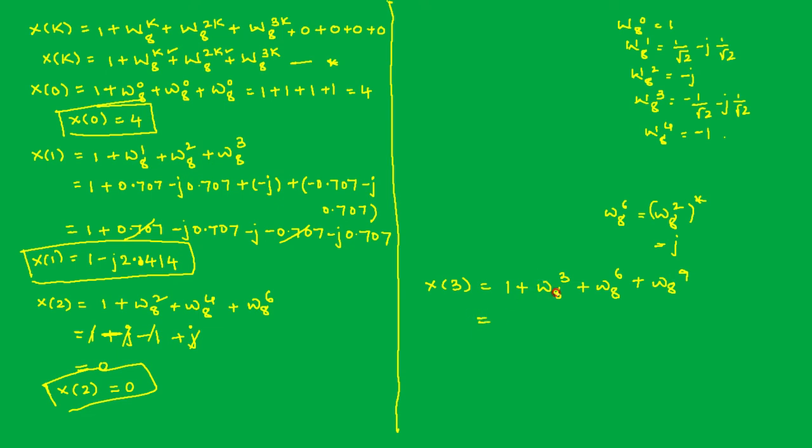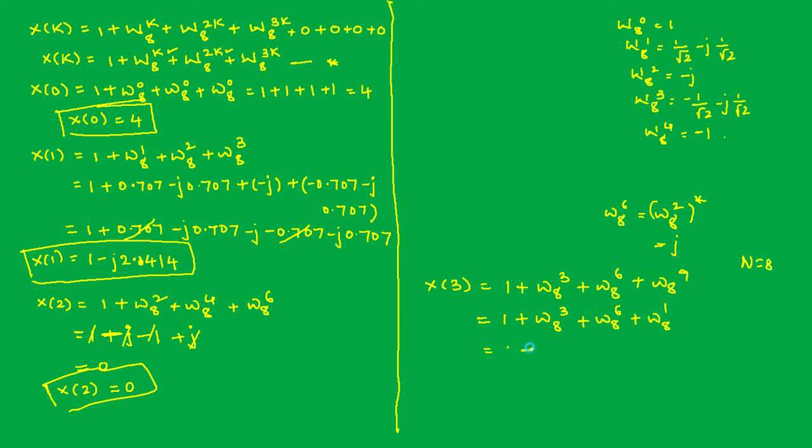So again, by using the periodicity of this complex function, the twiddle factor, I will rewrite this one. W8 raised to 3, then W8 raised to 6 I will keep as it is, since it is lesser than 8. The function whose power is greater than 8, using periodicity, will reduce its power. Now 9 is greater than 8, so what you have to do is just subtract N, that is n is equal to 8. So 9 minus 8 is 1. So W8 raised to 1.